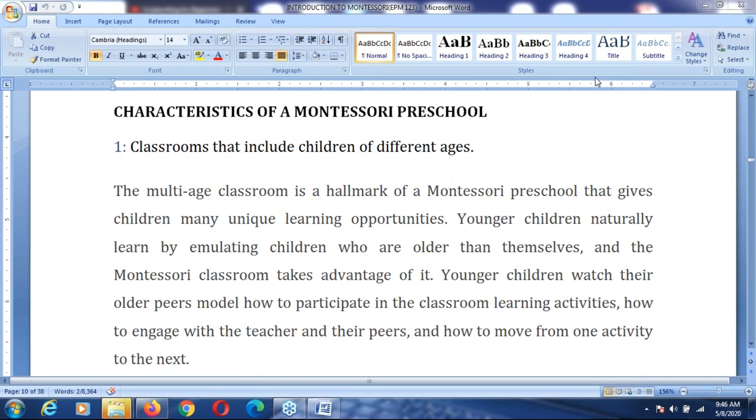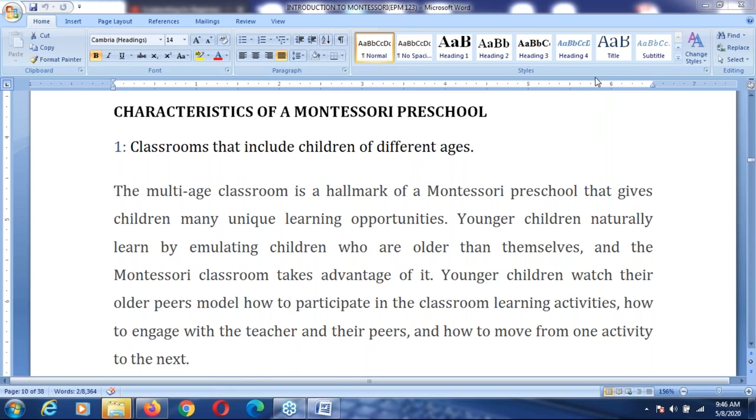The focus of the Montessori class is on the learner, or pupils or students, and not on the teacher.